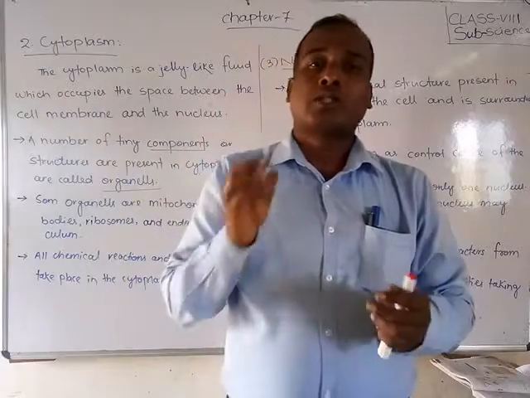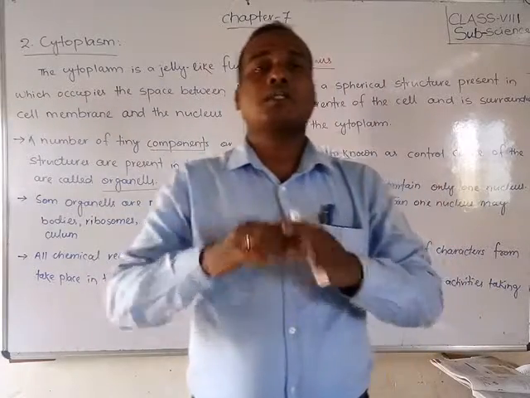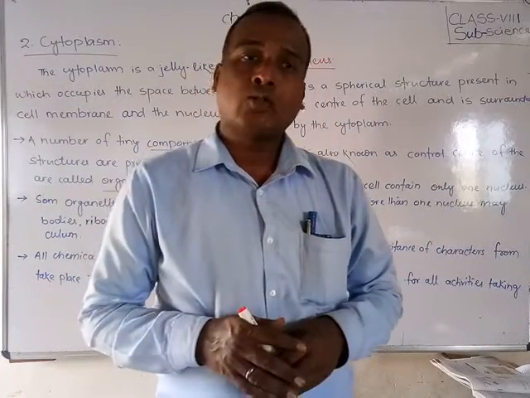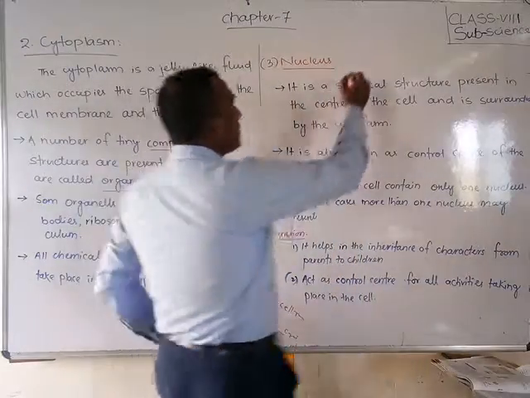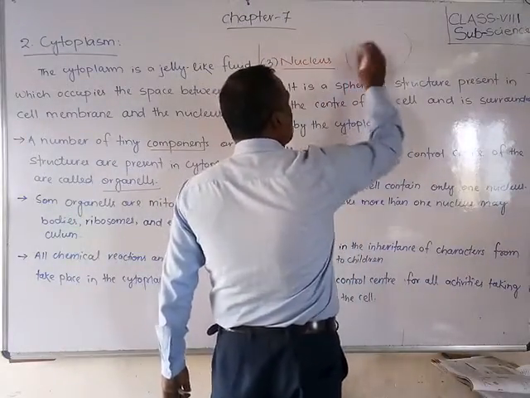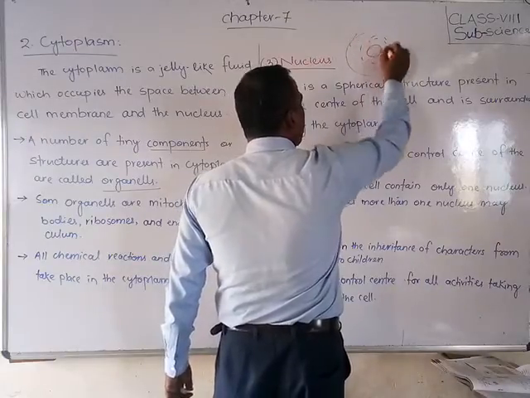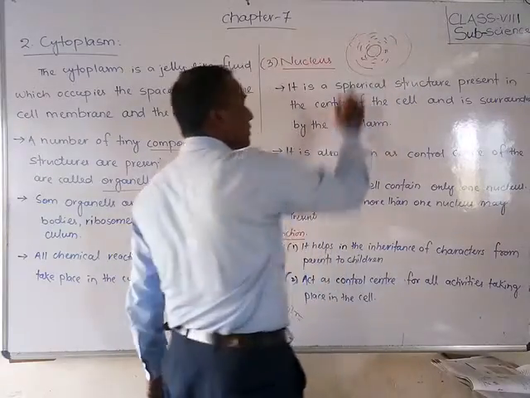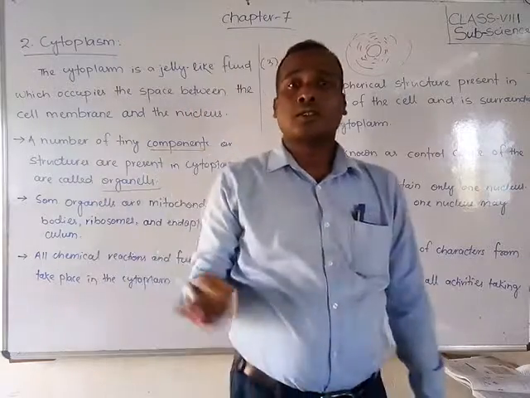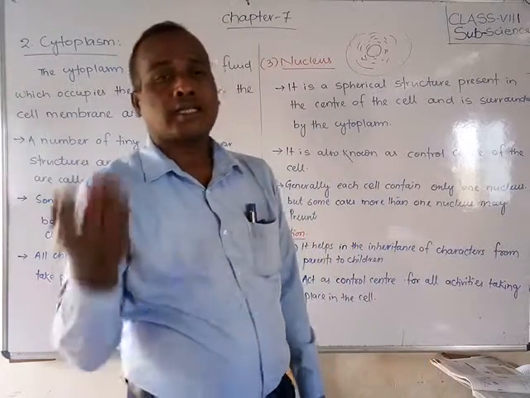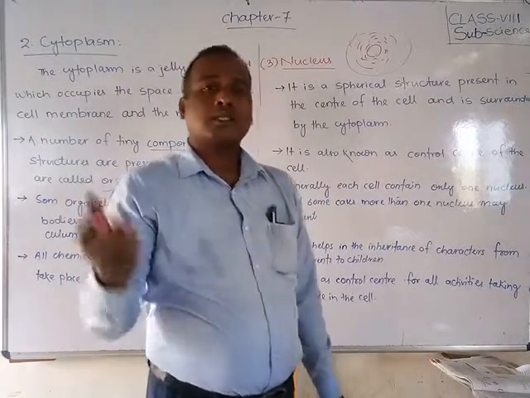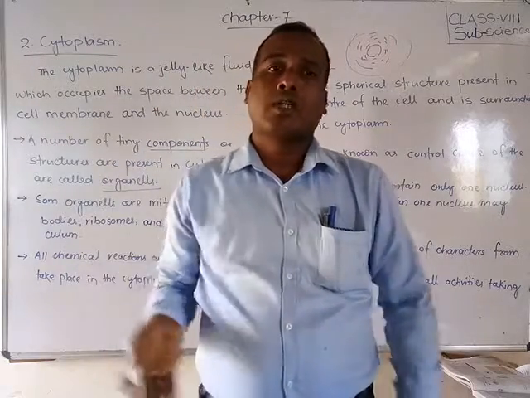It is surrounded by the cytoplasm. As I have already told you, around the nucleus is the cytoplasm, a fluid that also contains organelles like mitochondria, Golgi bodies, ribosomes, and endoplasmic reticulum.